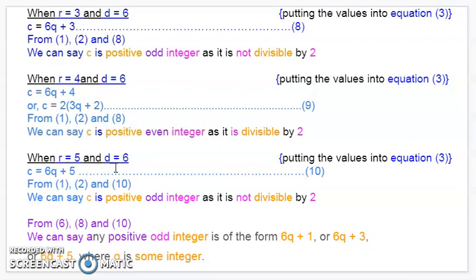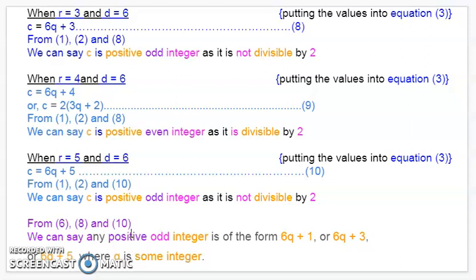When r equals 5 and d equals 6, again we put that in. So 6q plus 5 is a positive odd integer, not divisible by 2. So these are the things. We needed to obtain three forms: 6q plus 1, 6q plus 3, and 6q plus 5, where q is some integer.